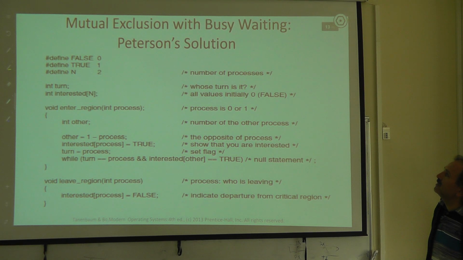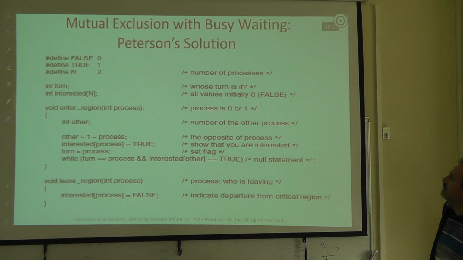Then we continue with another solution. It is Peterson's solution. It doesn't use any strict alternation terms. As soon as the critical region is available and nobody is in there, you enter the critical region, and it doesn't have the race condition issues of the lock variable method.